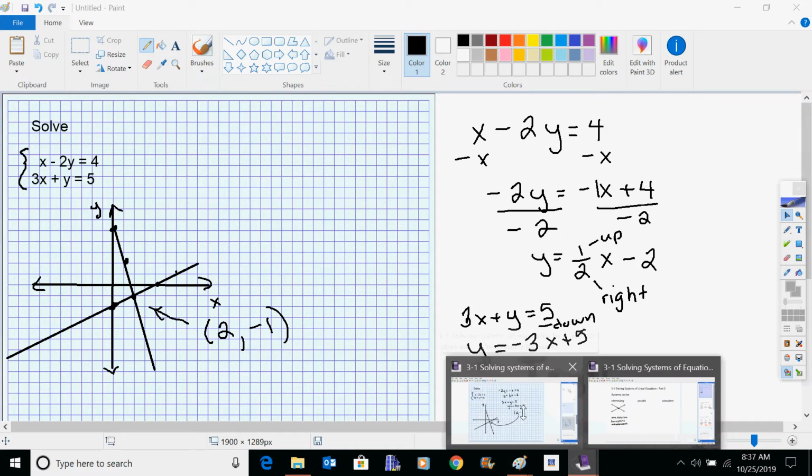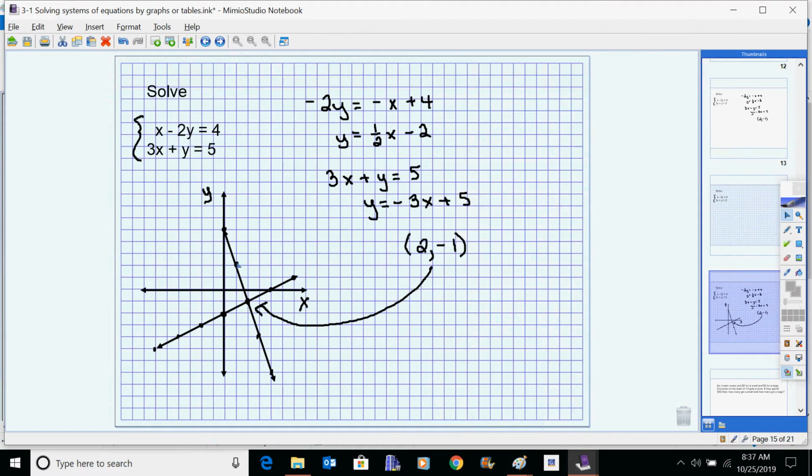And if you wanted to go ahead and check, you would plug it back in just to make sure. Just a verbal check real quick. 2 minus 2 times negative 1 would be 2 plus 2, which is 4, and that works. 3 times 2 is 6, plus negative 1 is 5, so that one also works.